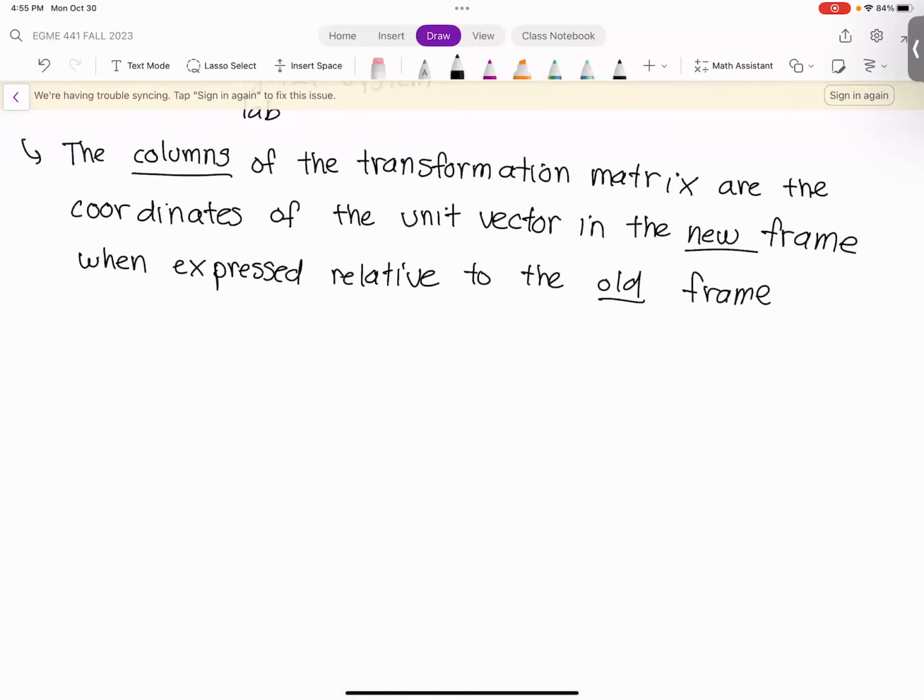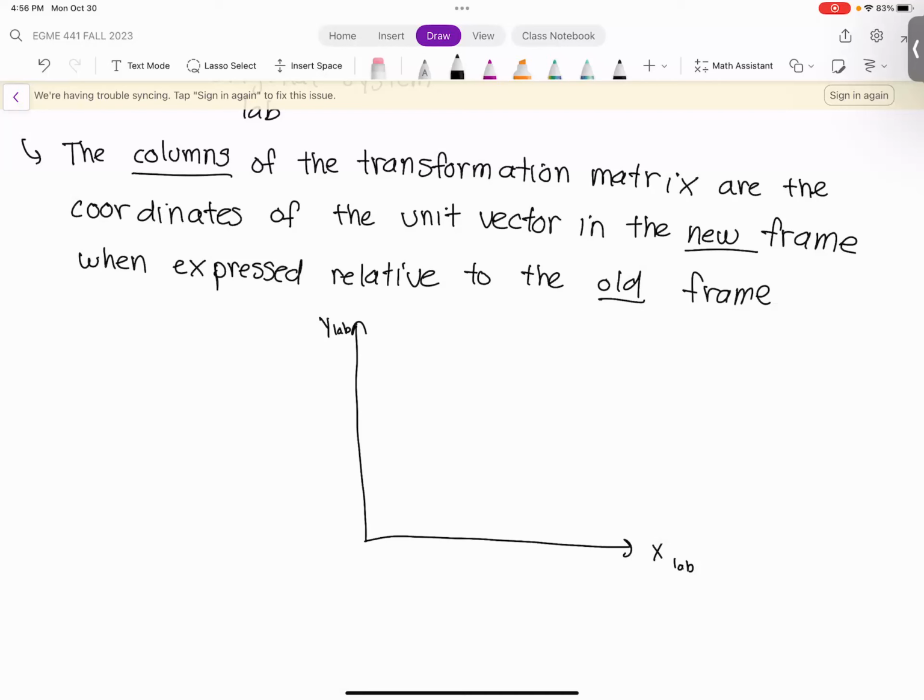For this particular case, we're performing a counterclockwise rotation about the z-axis, right? So let me draw what this looks like. In our original lab frame, we have the x lab axis and the y lab axis.